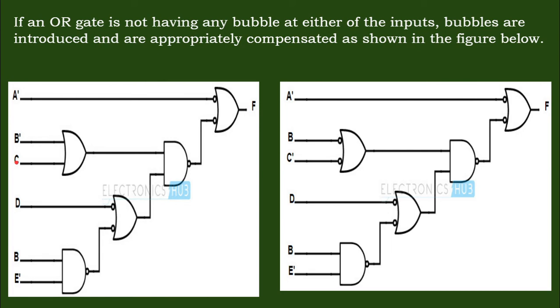So C becomes C bar. When you introduce the two bubbles here, it becomes C bar. So now the next step is also done. The step says that all the OR gates should have the bubble. So we have changed the bubbles in the OR gate and we are maintaining the values using the complement of the variables.